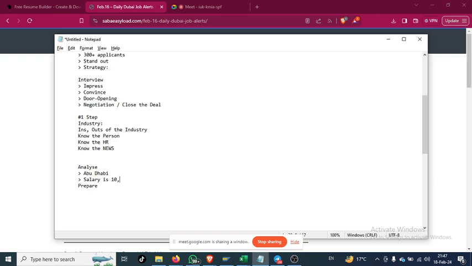Since you don't know the company and you only know the person, he has given his name over here. I will just search Robin Ghata Abu Dhabi recruitment, Robin Ghata at Gmail.